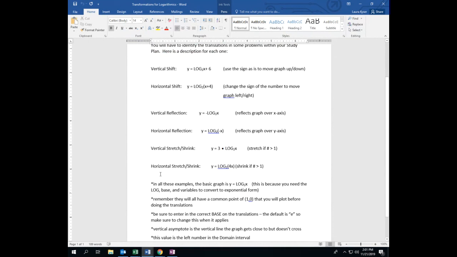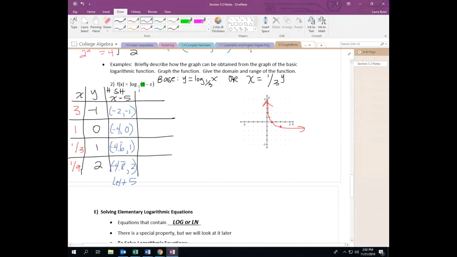And horizontal reflections reflect over the y-axis. And if you remember when we did this back in section 3.5, to create this reflection, you change the sign on all of the x coordinates only. So I'm just going to go back to my chart and take all these x's and change the sign on them for this horizontal reflection.